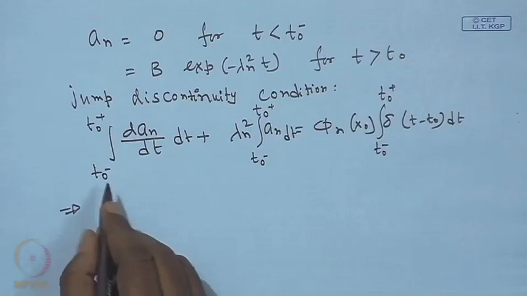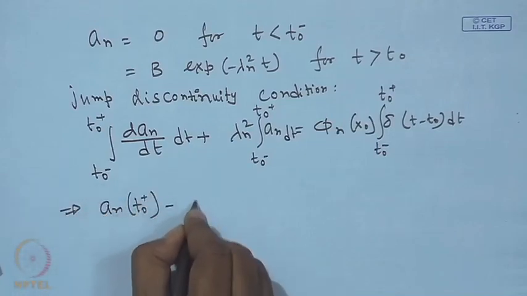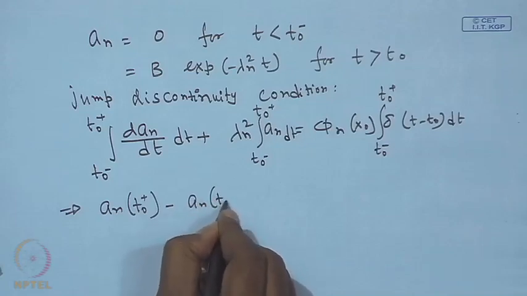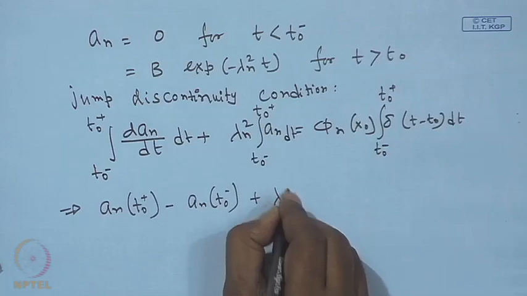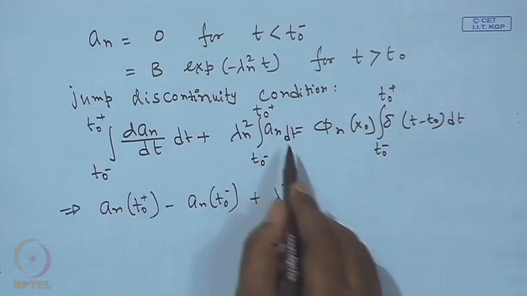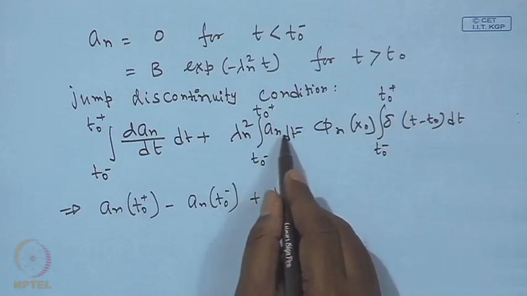So, this becomes A n t 0 plus minus A n t 0 minus plus lambda n square times the integral of A n. A n is some function of t; after multiplying with dt, it will again be some function of t.